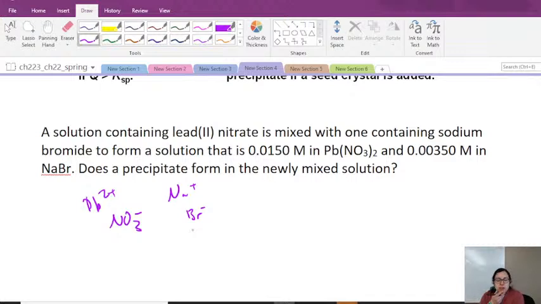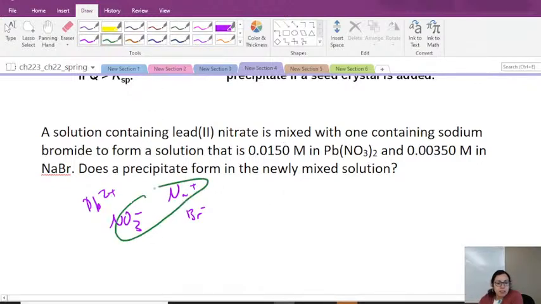There's only two possibilities of new products, and then from there, it should be obvious which one is the insoluble one. So would it be lead bromide and sodium nitrate? Yes, except sodium nitrate, that's the soluble one, so we don't care about that one as much.